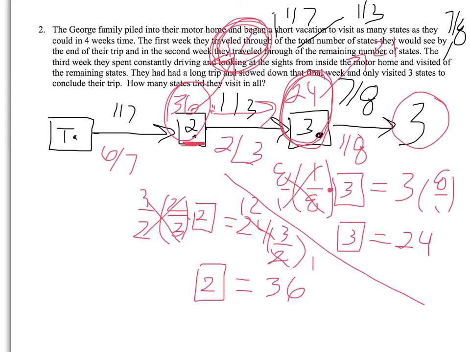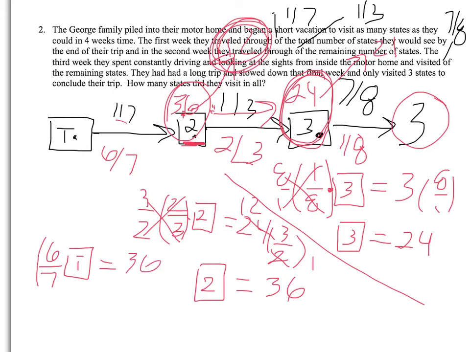Now, the first week, we went through a seventh of them, meaning we didn't go through 6/7. So the total number of states that we're going to go through, 6/7 of the total number of states equals this 36. 6/7 is how much we had left, and we had 36 states left. So we can say 6/7 of the total number of states equals 36.